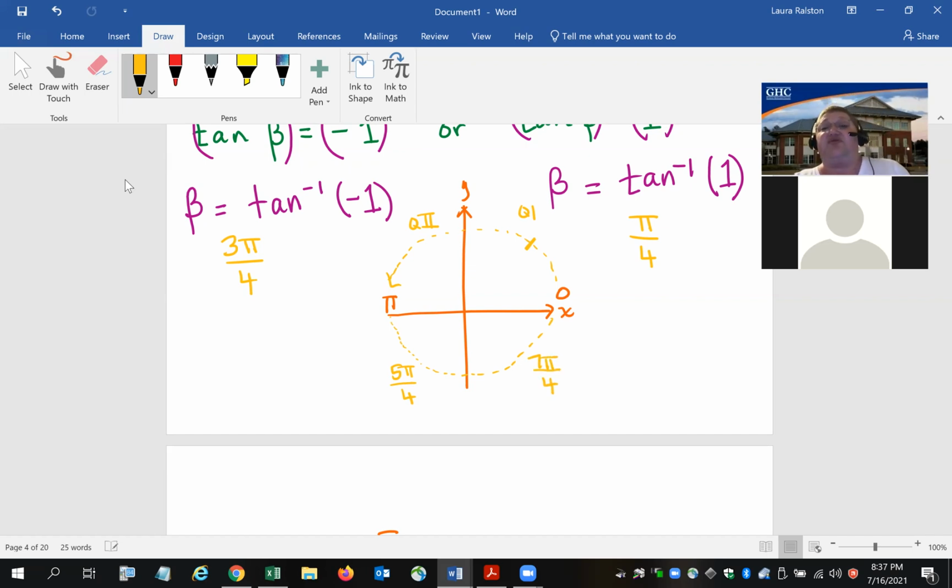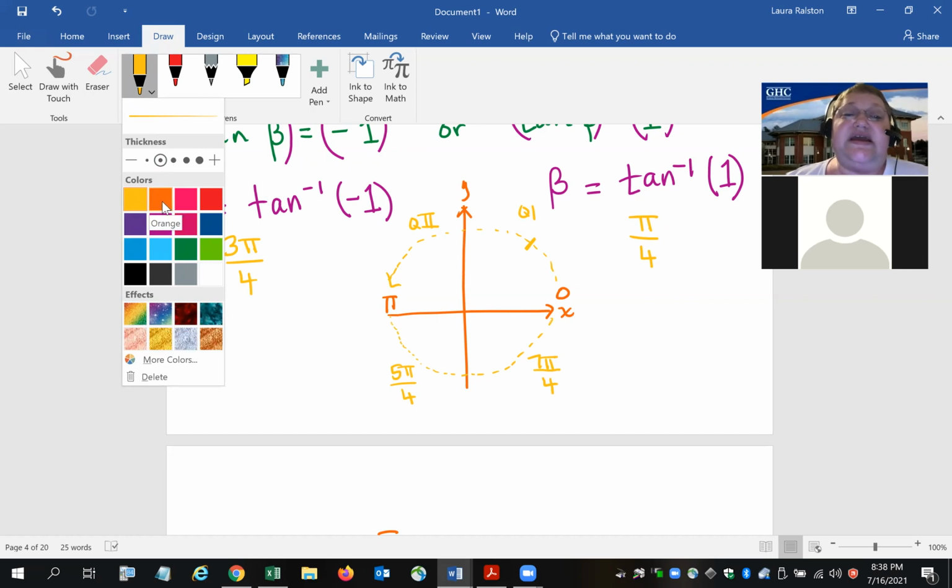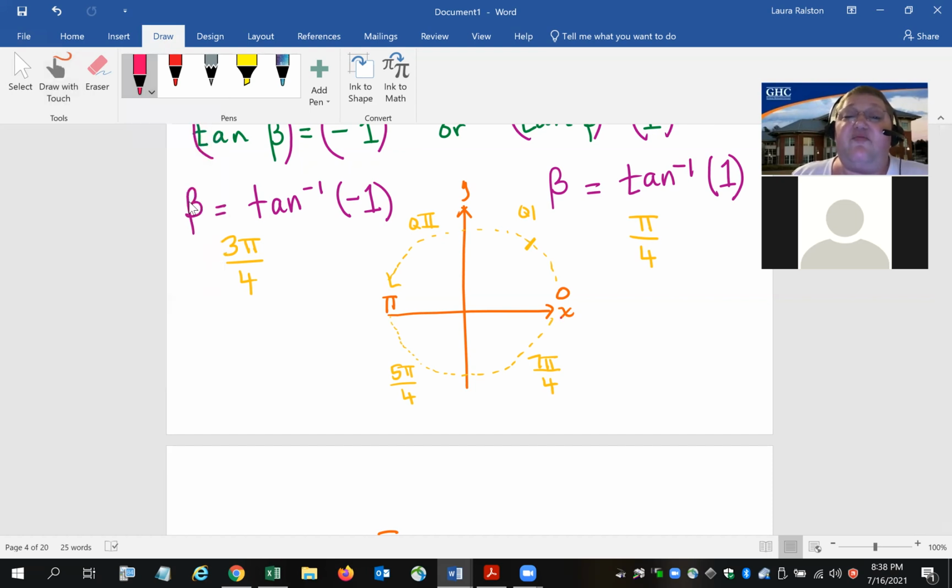But those values are outside the range that they gave me. My answers have to be between 0 and positive pi, and then 0 and negative pi. Instead of rotating positively, they started at 0 and rotated negatively. 7 pi fourths is the same as negative pi fourths. 5 pi fourths is the same as negative 3 pi fourths.